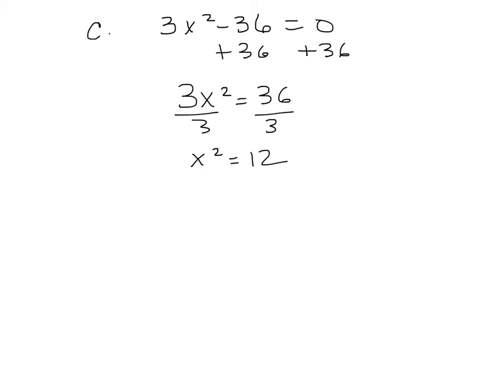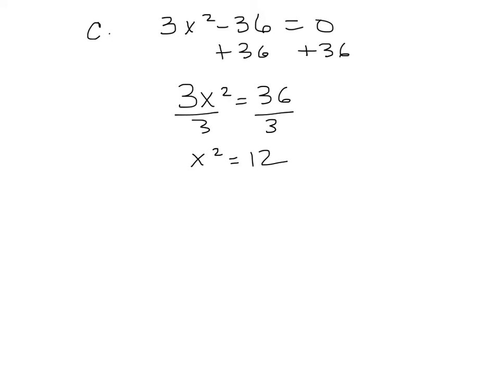Okay, so we know that x squared equals 12, but we want to know what x equals. So this means that something times itself has to equal 12. And there's nothing pretty. It's not like something times itself equals 16, where we could easily say what the answer would be.